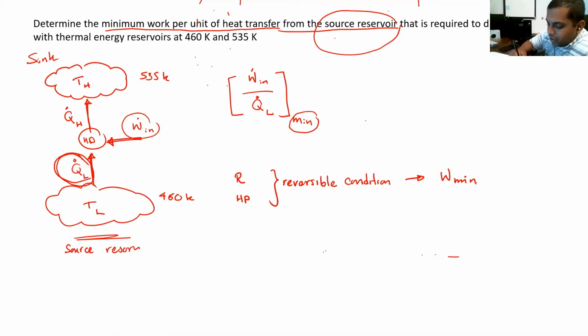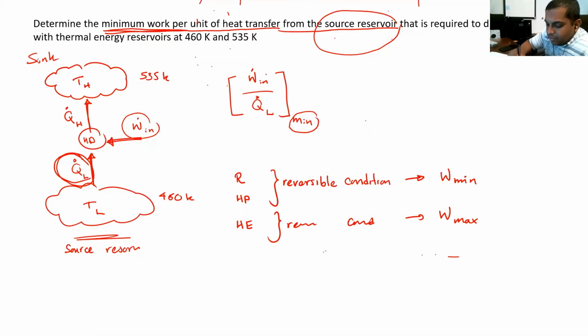If you have a heat engine, when you have reversible conditions, you are going to get W maximum. So in this case, to get the minimum work, we are assuming that it is Carnot, reversible conditions.